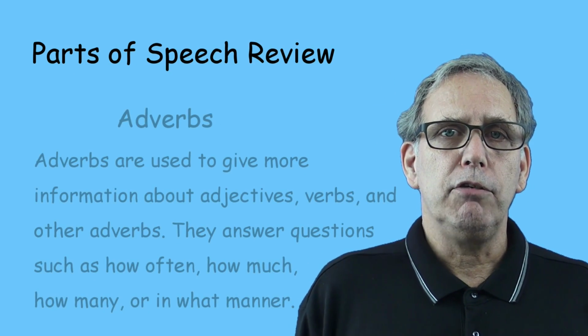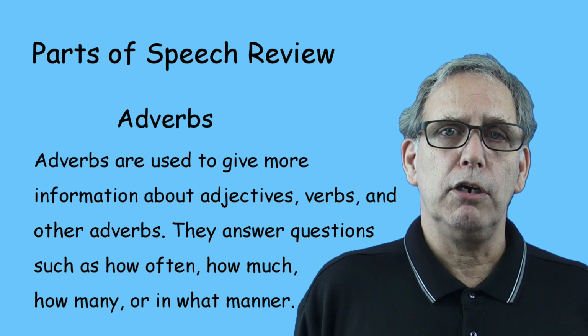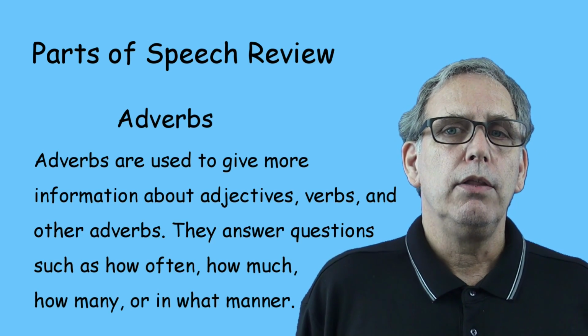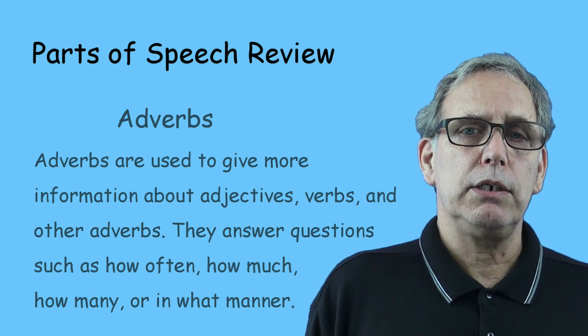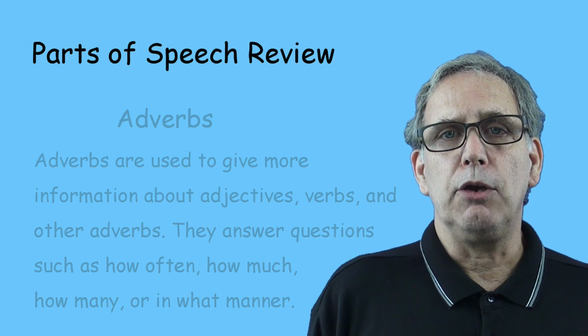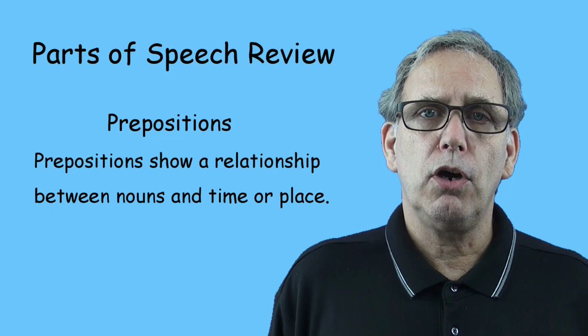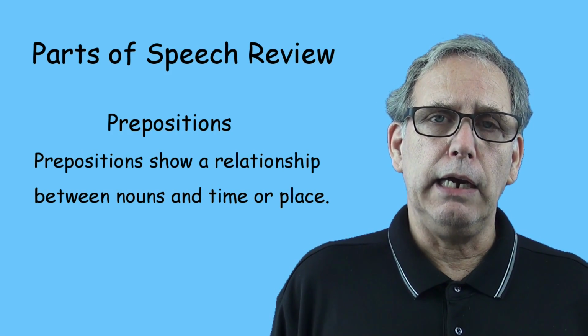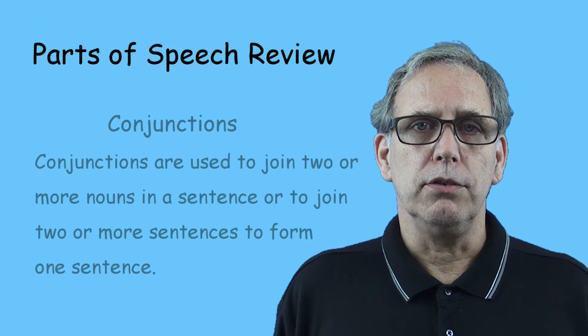Adverbs. Adverbs are used to give more information about adjectives, verbs, and other adverbs. They answer questions such as how often, how much, how many, or in what manner. Prepositions. Prepositions show a relationship between nouns and time or place. Conjunctions.